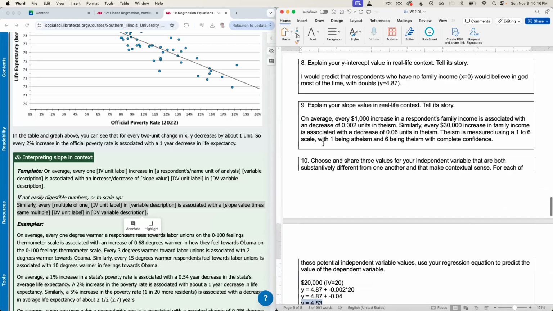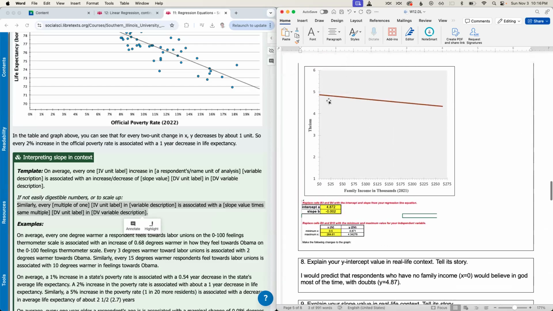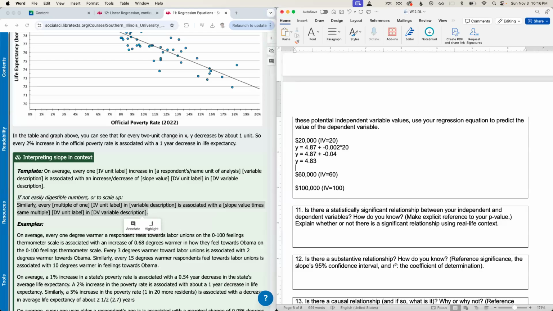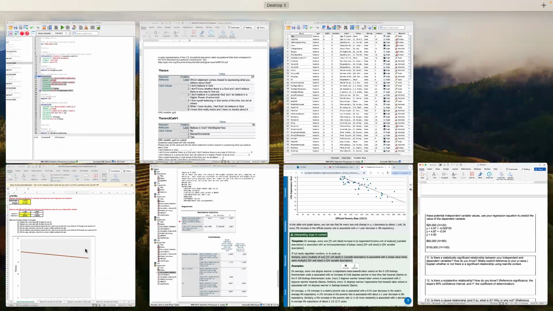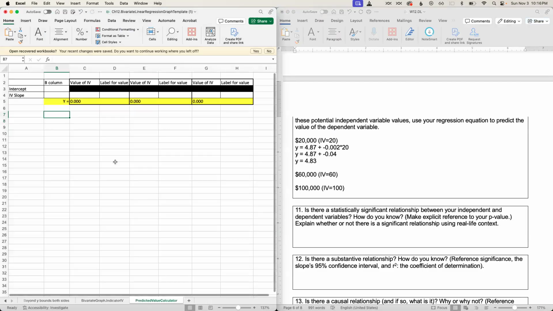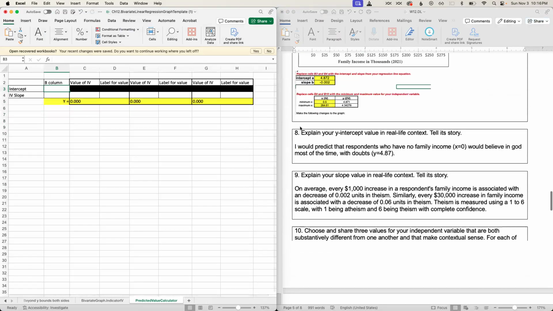Let's see, 20,000, 4.83. Okay, that looks reasonable. The other way I can do this is I can go back to this and you'll see the last one is the predicted value calculator. So I can put in my intercept and slope here, and I can put in my slope, okay. And now I can just put in, so this is going to be 20,000, right? 60,000.